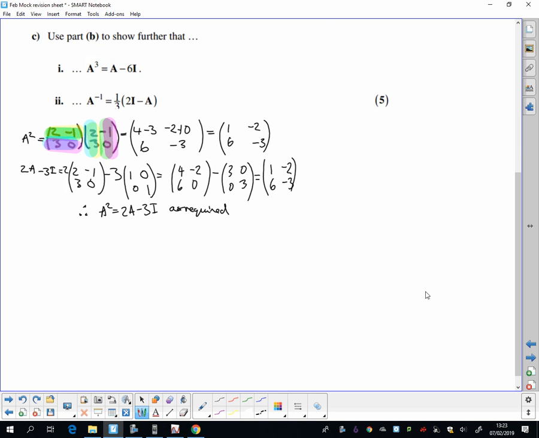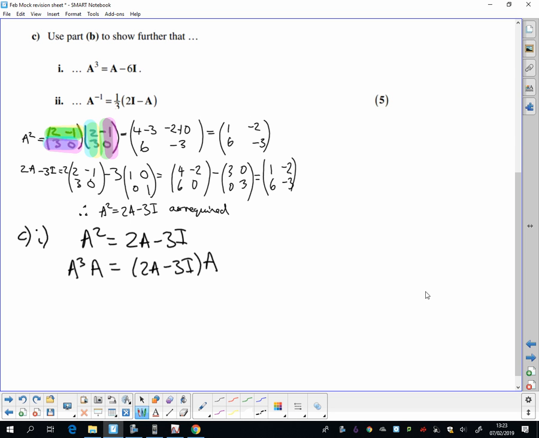Okay, so we're going to start with what we found in part B. And we're trying to get to A cubed. So what can we do? Let's multiply by an A, but with matrix multiplication you have to keep the order the same.